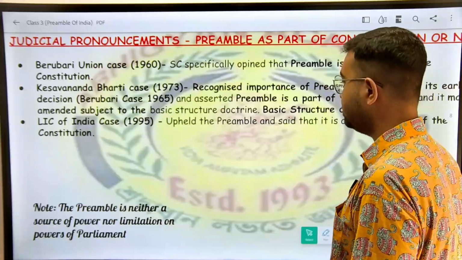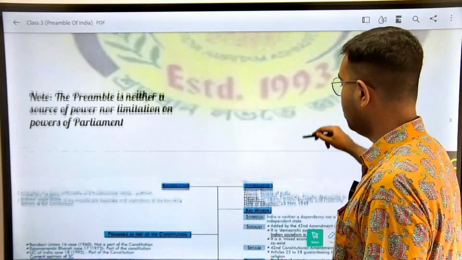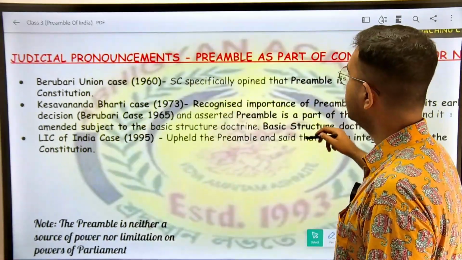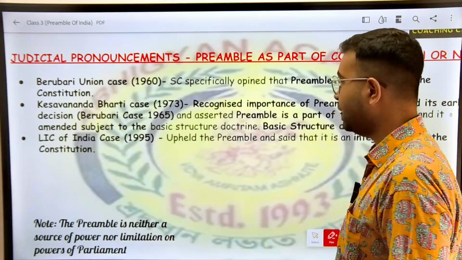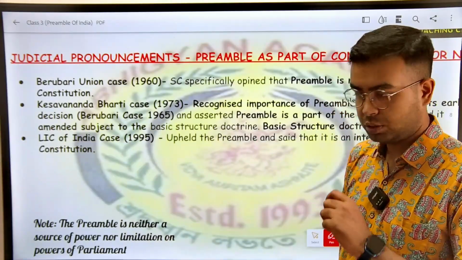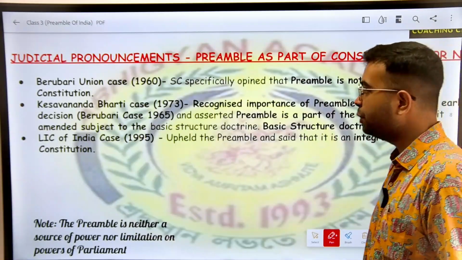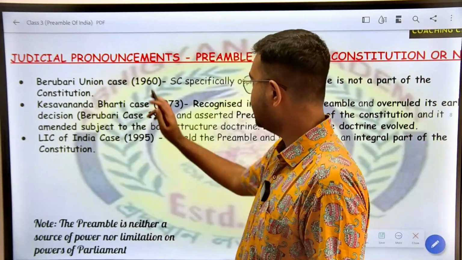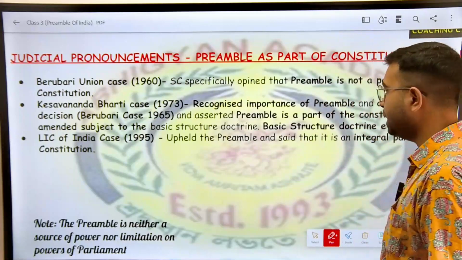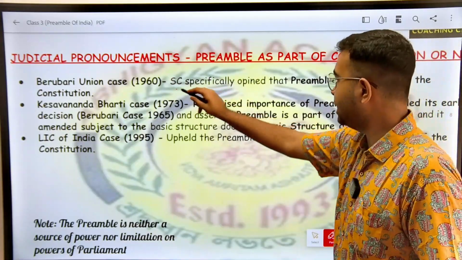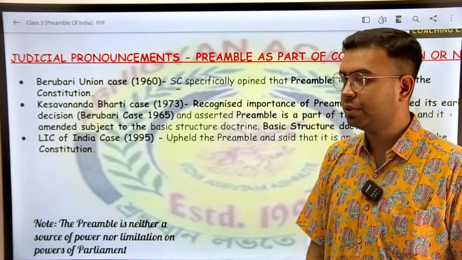Now, let's look at whether the preamble is a part of the main Constitution or not. Now, in the Berubari Union case of 1960, the Supreme Court said that the preamble is not a part of the Constitution.